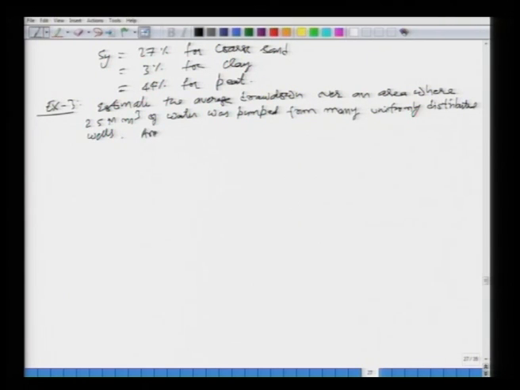The area which is extracted is about 150 square kilometers, and Sy, the specific yield of that aquifer, is given to you as about 25%.